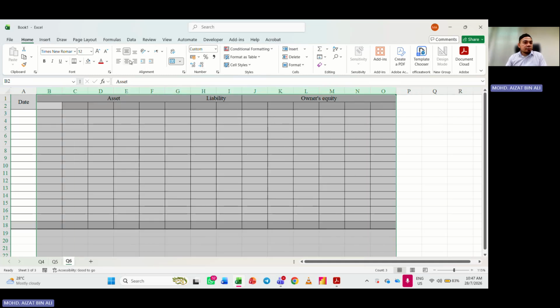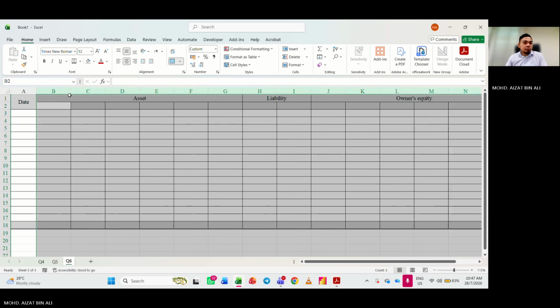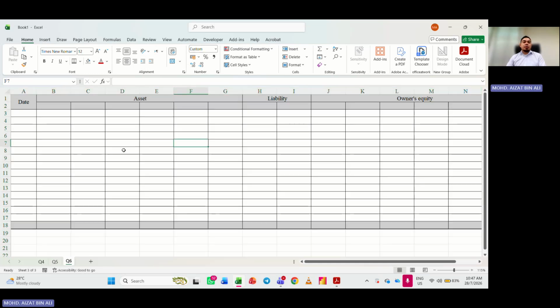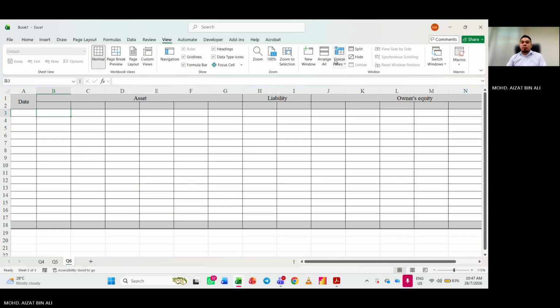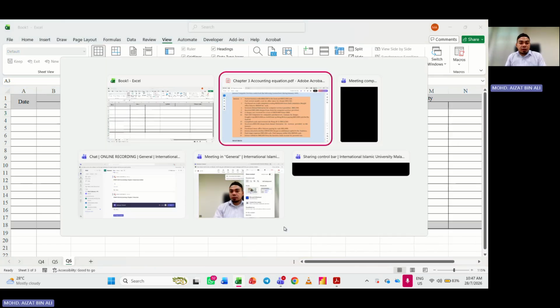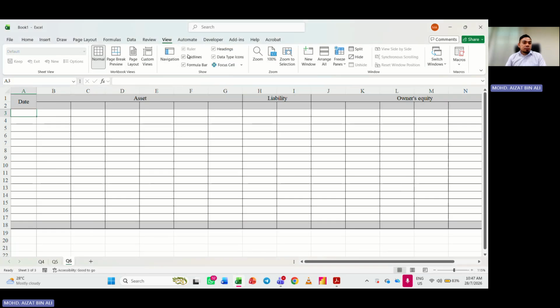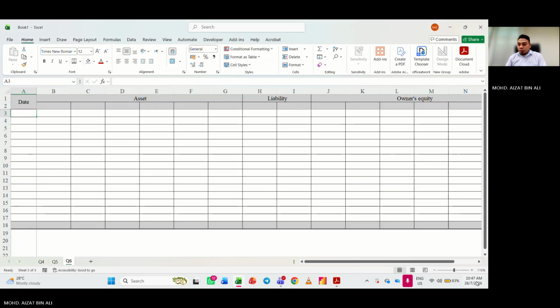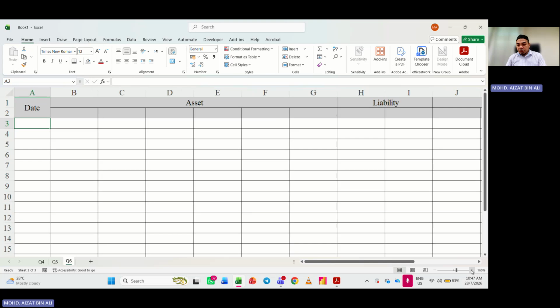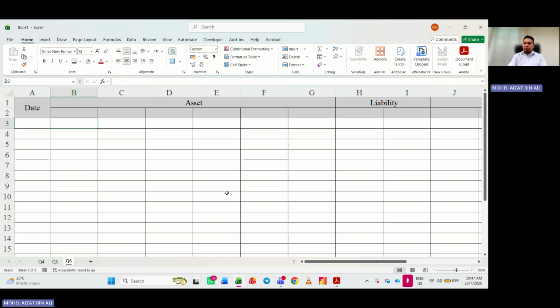And then, before that, let's freeze the panes so that we can see the date and the title. I think we need to make this bigger. Okay, yeah, it looks better.